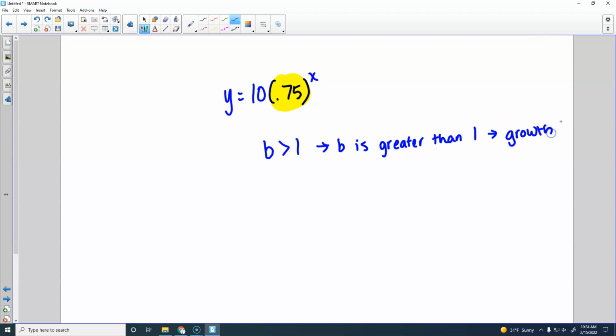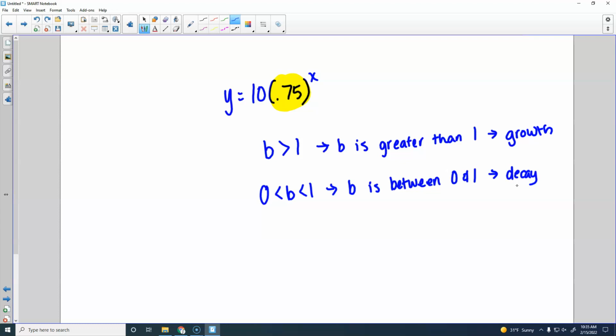So if you multiply by a number bigger than 1, it's going to make that number bigger. All right, so you're going to have growth. If you have b between 0 and 1, that is going to be decay. That is going to be whenever you see your decreasing graph.